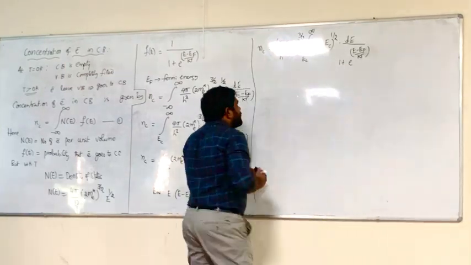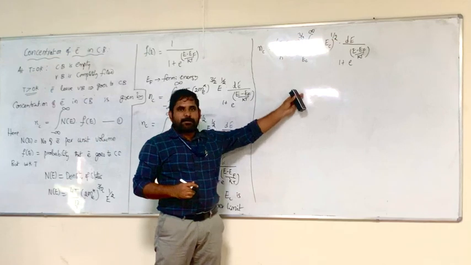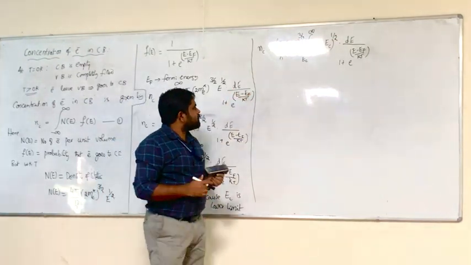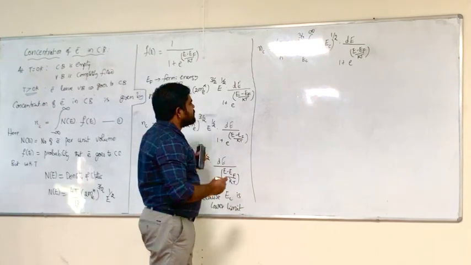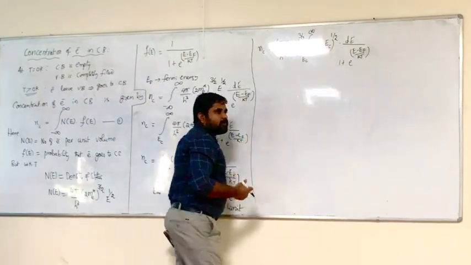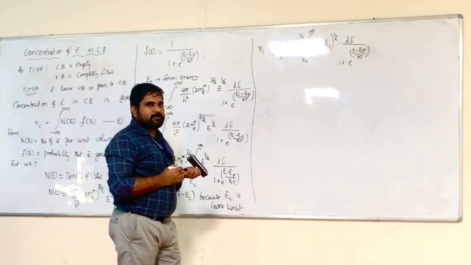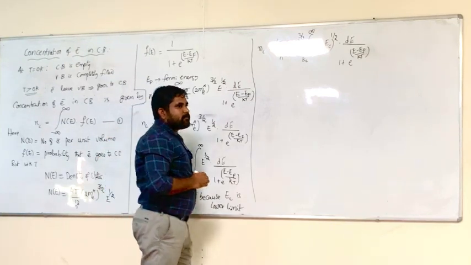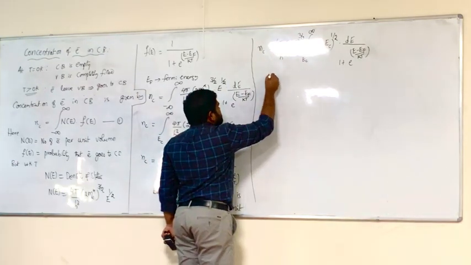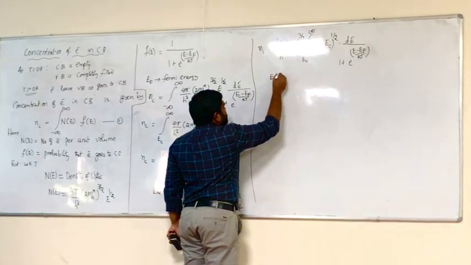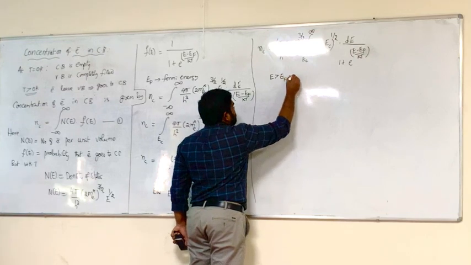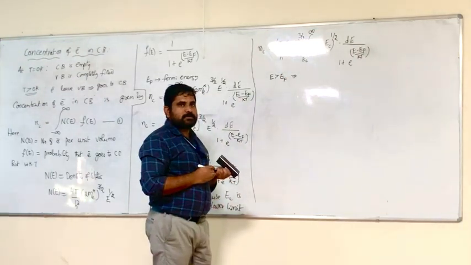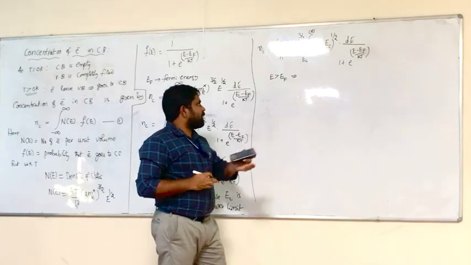Now, before solving, we need to simplify this, because solving this will become complicated. To simplify that, is the E minus EF term positive or negative? E minus EF is positive. Therefore E minus EF by kT also becomes positive, and its value is larger compared to 1.